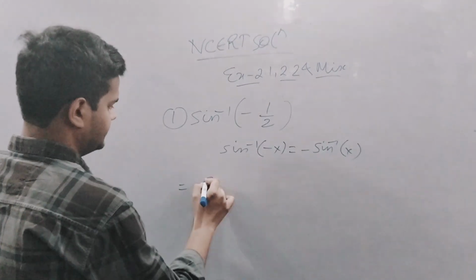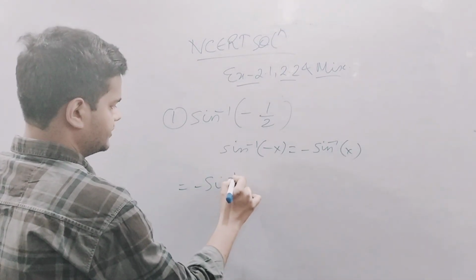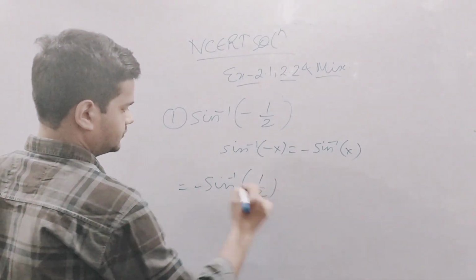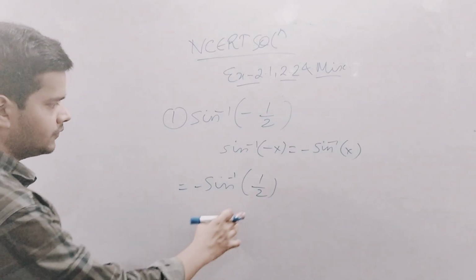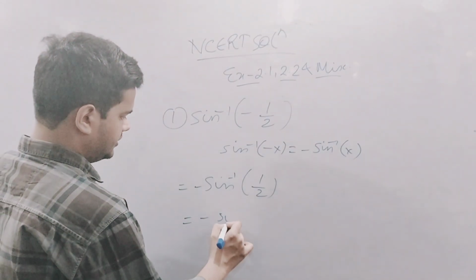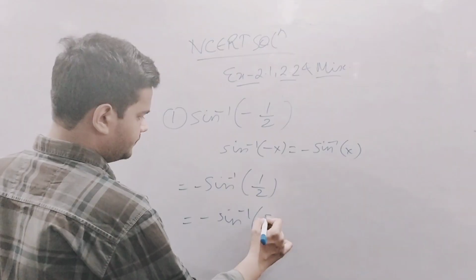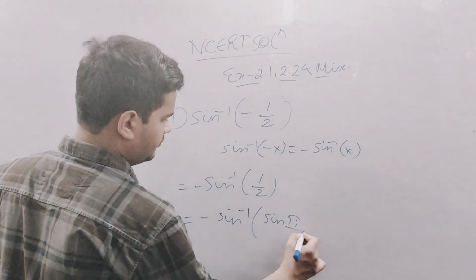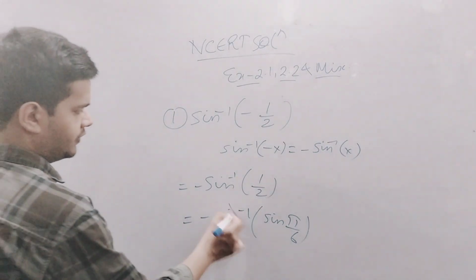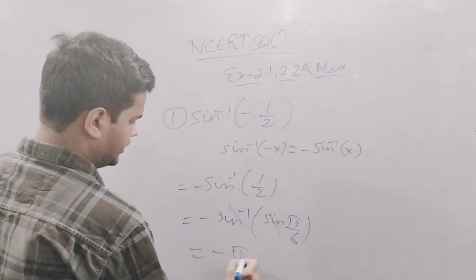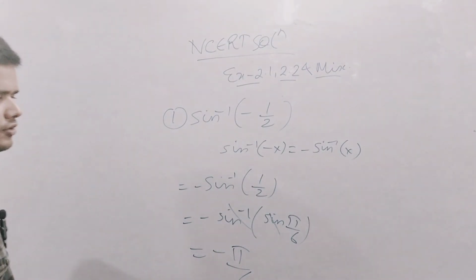So this becomes minus of sin inverse 1 upon 2, and this 1 upon 2 comes at 30 degree. So this becomes sine pi upon 6. So the value becomes minus pi upon 6.